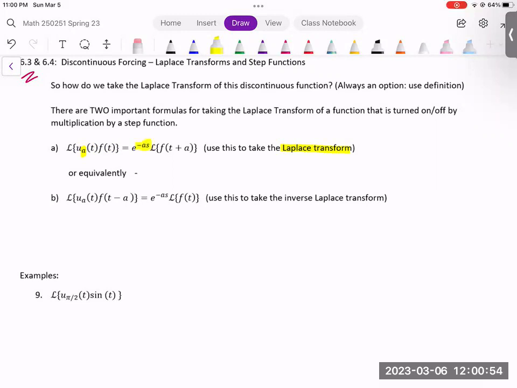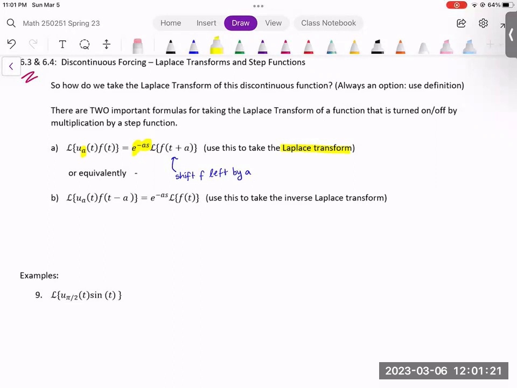So we get an exponential out front times the Laplace transform of this shifted function. We're going to shift f left by A, and then take the Laplace transform of it.